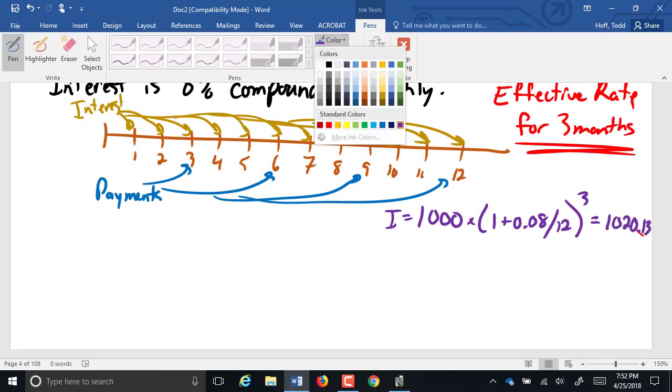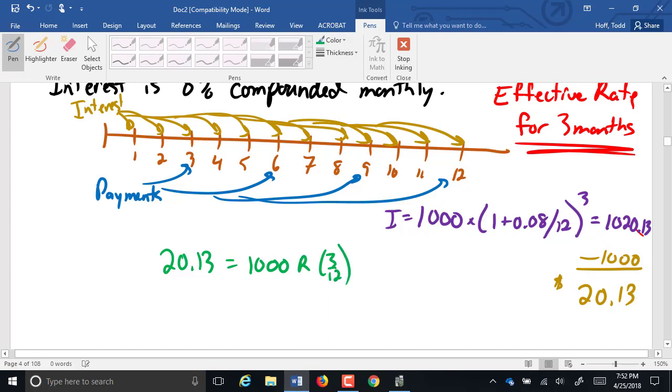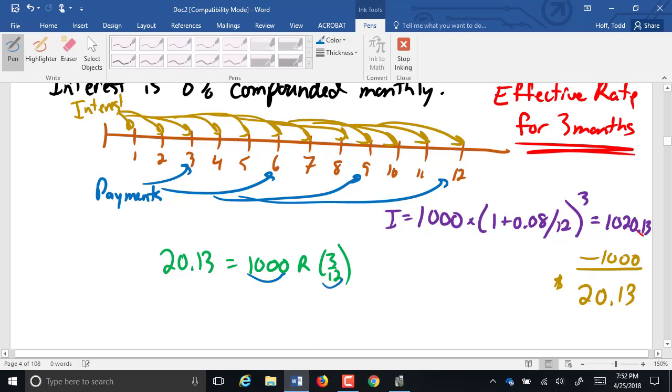So we subtract that $1,000, we get $20.13 interest. So then we go back to our I equals PRT. 20.13 equals 1,000 times R times 3/12. It's looking familiar? We combine the 1,000 and 3/12 to get 250. So then we take 20.13 divided by 250.